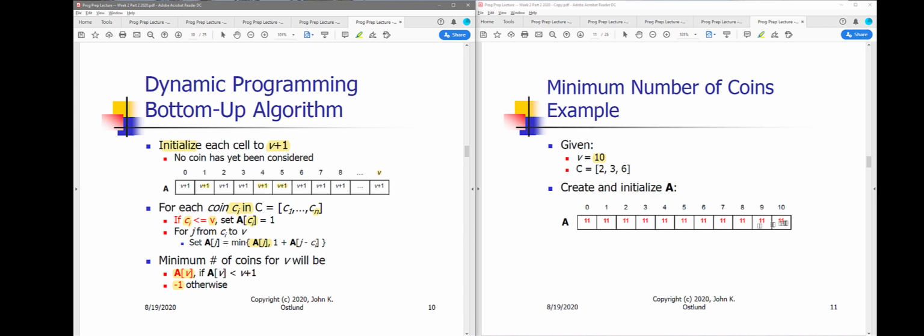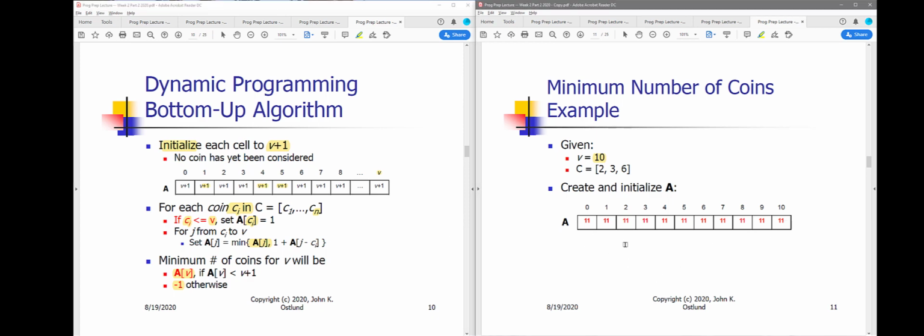So we start out with all of the cells being 11. That's an impossible number of coins to make change. We can't possibly need 11 coins to make change for a value of 10, but that's a ceiling that we'll start from.